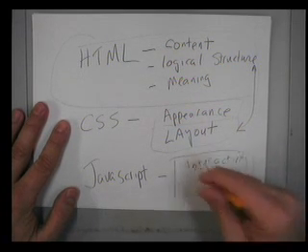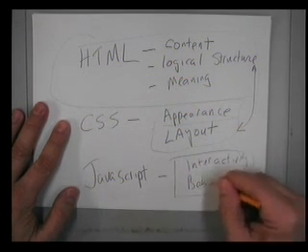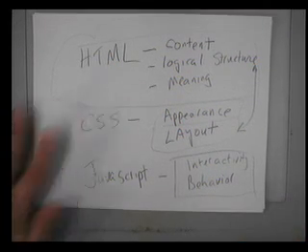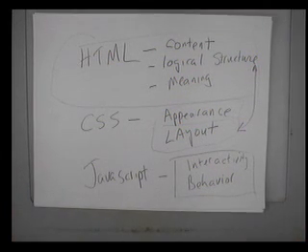Another way to say it is behavior. Now, before we talked about JavaScript, we're really limited as to the kind of interactivity we can build into our pages. We can do just a little bit with HTML and CSS.